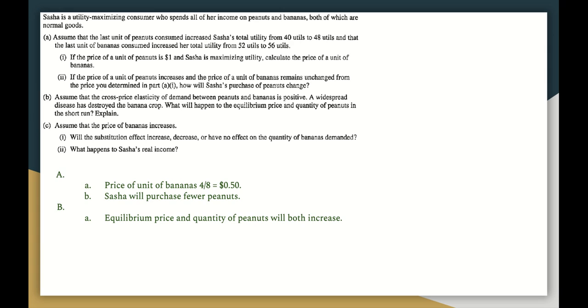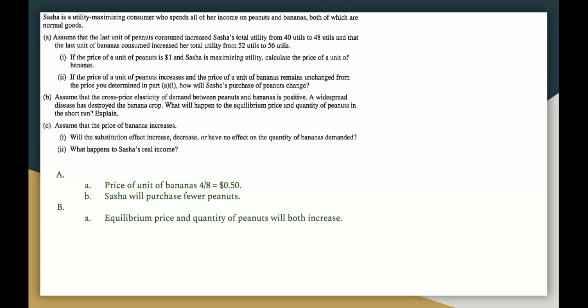The demand for peanuts is going to go up. Since the supply decreased in bananas, the price of bananas increases. Since they're substitutes, when price goes up for bananas, that means that quantity demanded for peanuts is going to go up. That's a positive relationship.